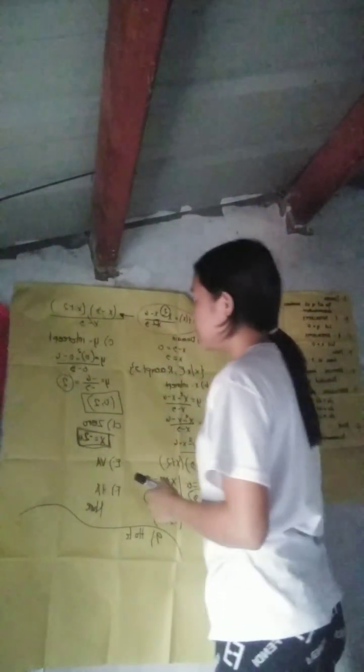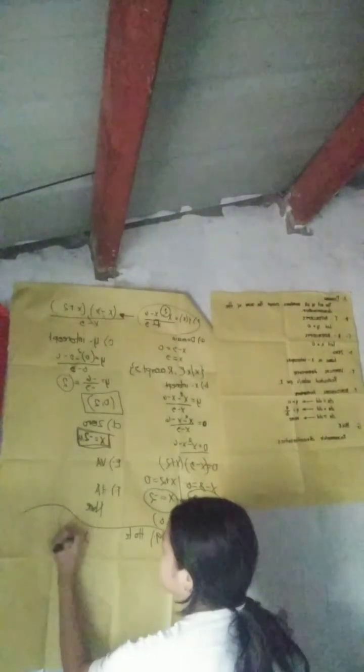In this case, we have x minus 3 in both the numerator and denominator. Let's get the common factor: x minus 3 is equal to 0, so x is equal to positive 3.